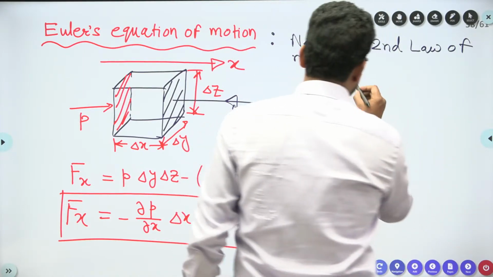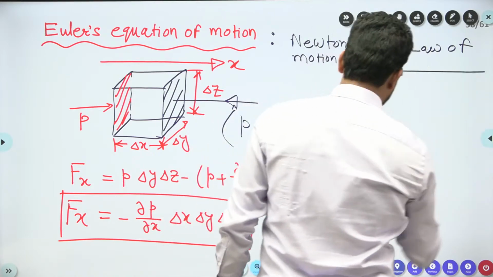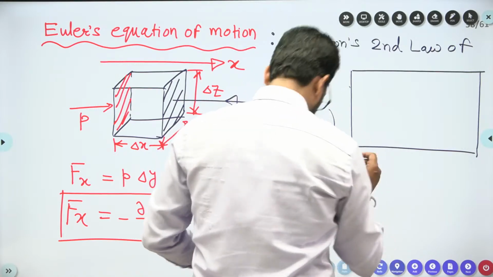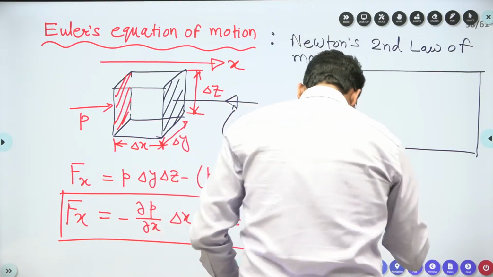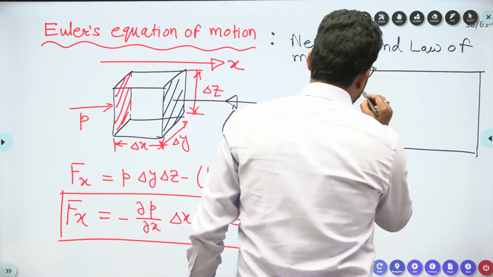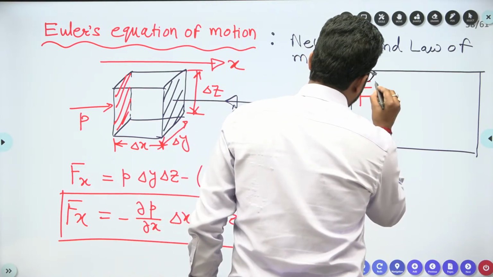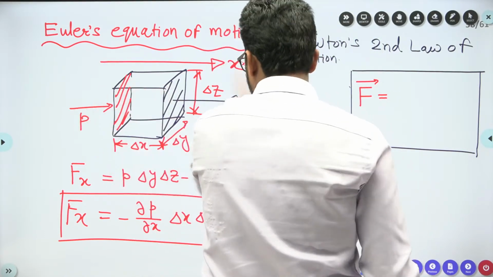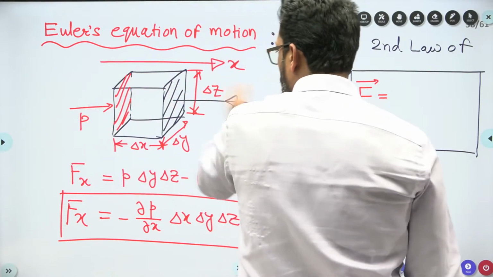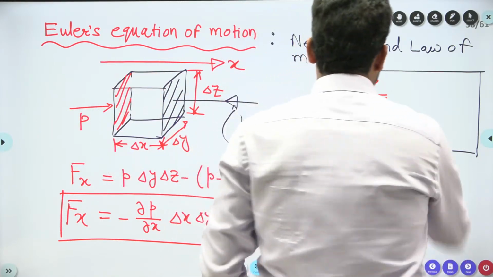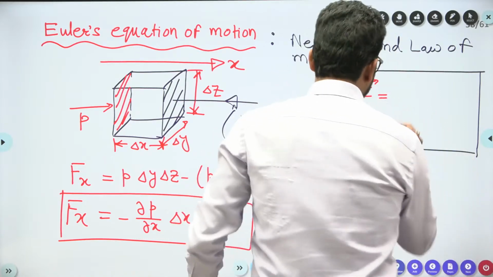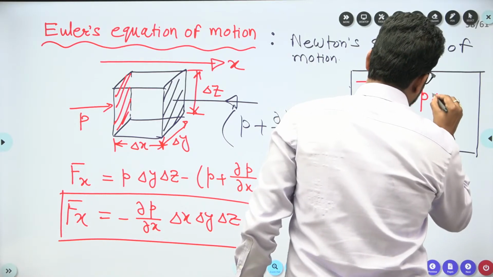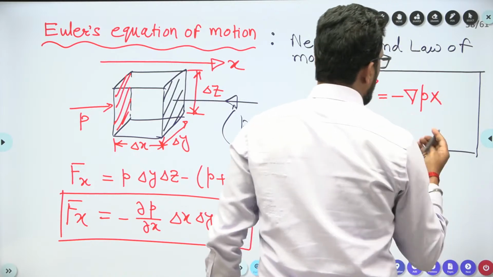There is a very important note you can write here. The force on the fluid element due to pressure, if the pressure changes, is equal to minus grad P times the volume of that element.